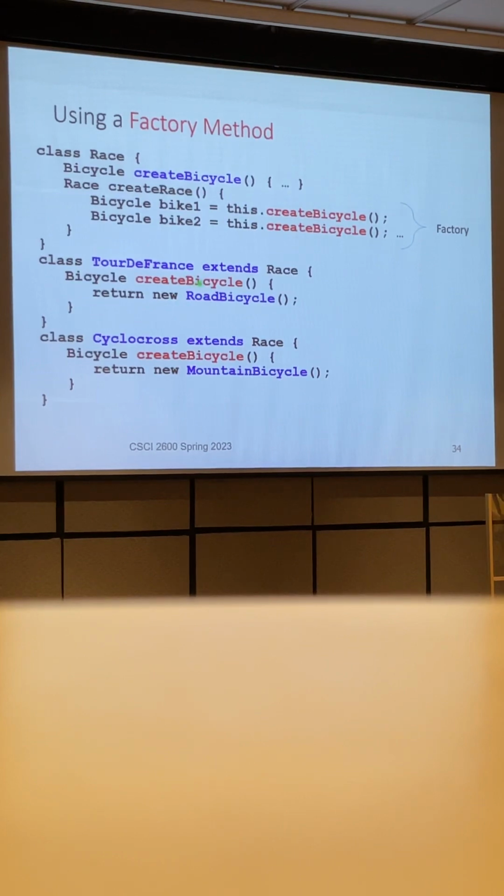So create bicycle in Tour de France creates a road bicycle. Note that the signature of create bicycle doesn't change. It was returning bicycle in race. It still is returning bicycle in Tour de France and cyclocross, because we want this method to be overriding. And it's not causing any problem, because a road bicycle is a bicycle, a mountain bicycle is a bicycle.